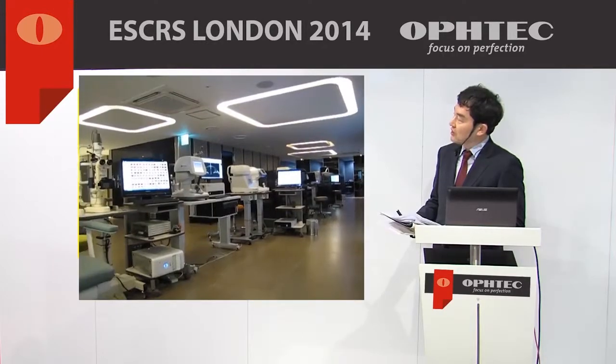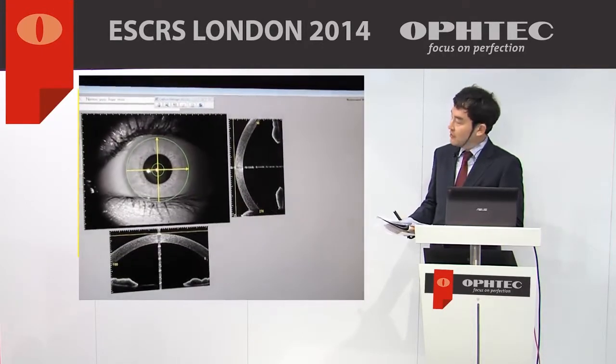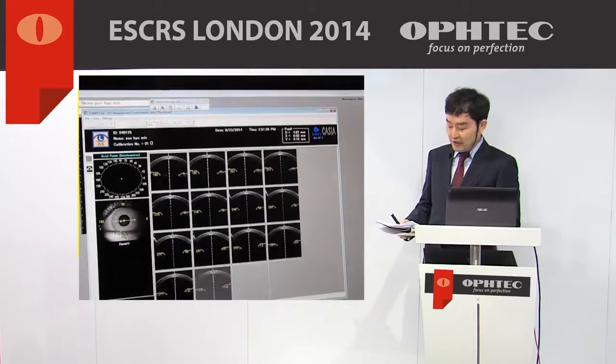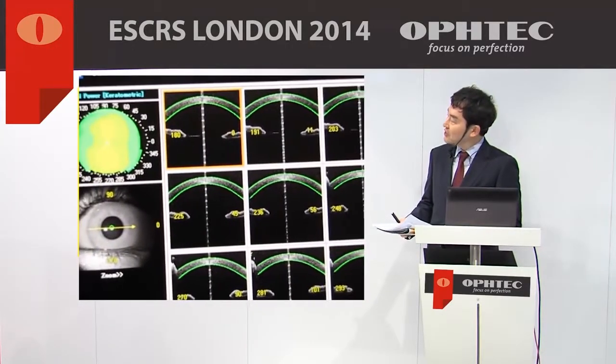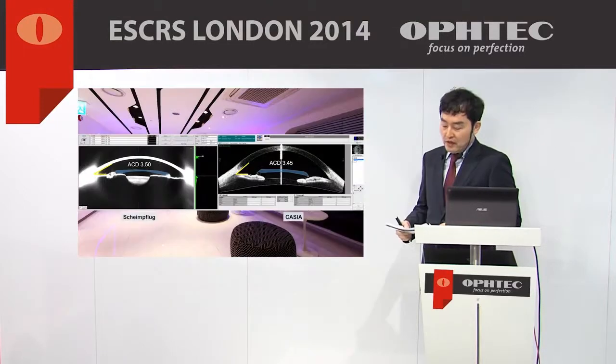A cross-sectional image of the anterior chamber at 360 degrees and a real image can be obtained, which is not possible with a Scheimpflug. Although both images were taken from the same patient, they look different. However, the anterior chamber depth value shown here is similar to the Scheimpflug image. But the anterior chamber angle value cannot be adjusted, leading to the difference.